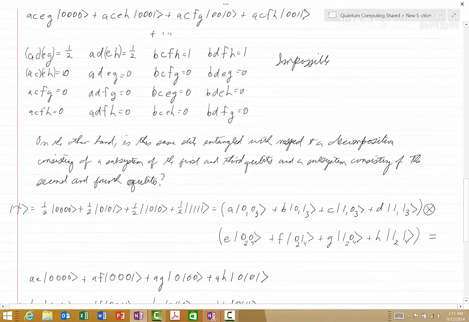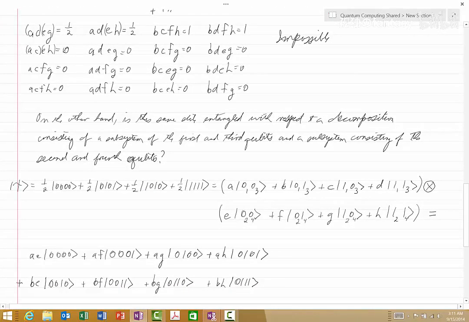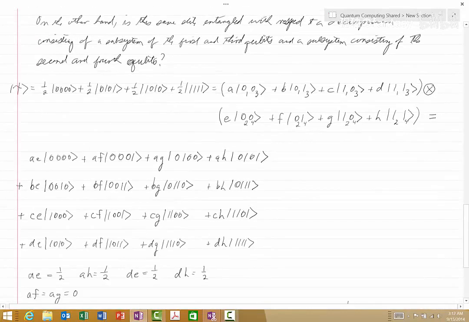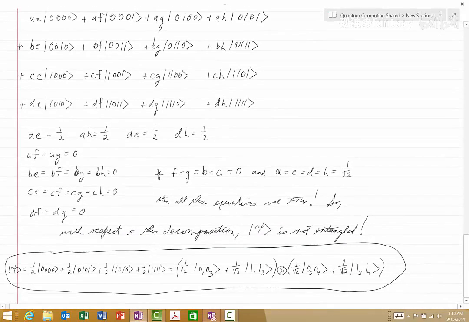It was entangled, but with respect to decomposition in terms of these 2 2-qubit systems, one system containing qubits 1 and 3, and the other system containing qubits 2 and 4, with respect to that decomposition, this is not entangled. So this is an important concept to remember.